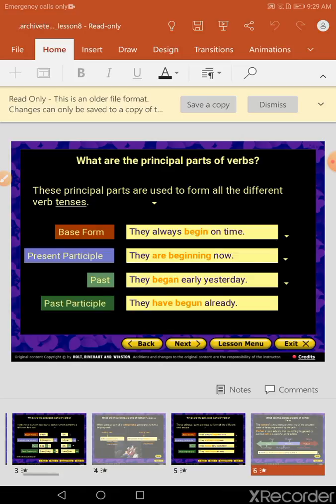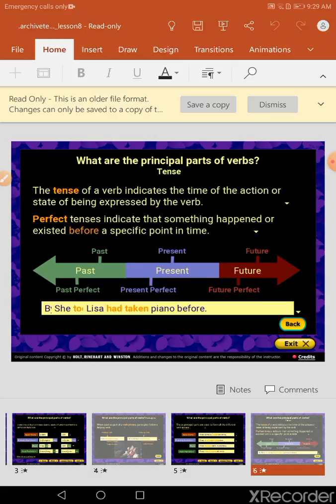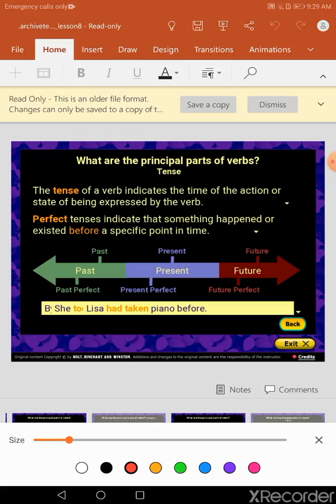The next point. The tenses of the verbs. Guys, some students feel confused when they use the tenses. What's a tense? A tense of a verb indicates the time of the action or the state of being expressed by the verb.